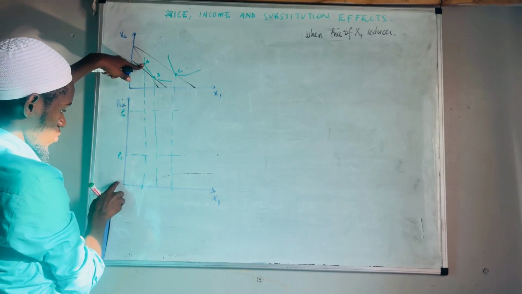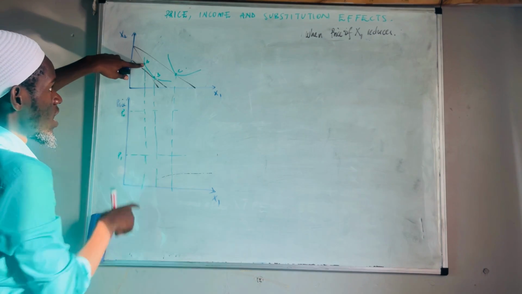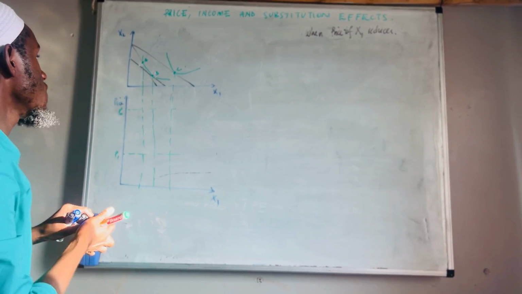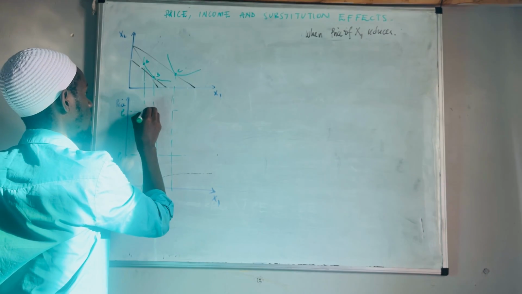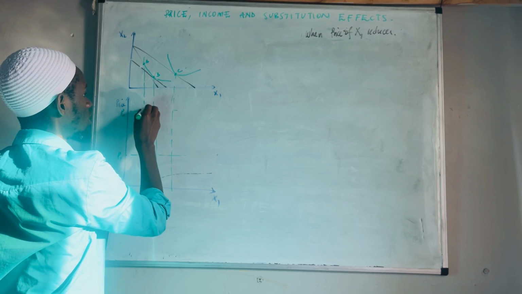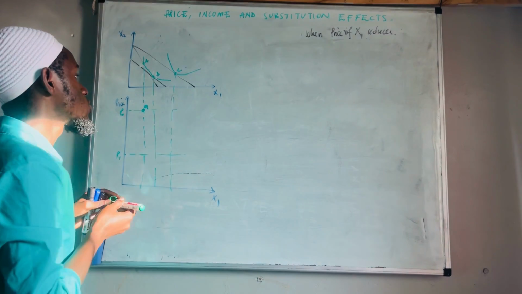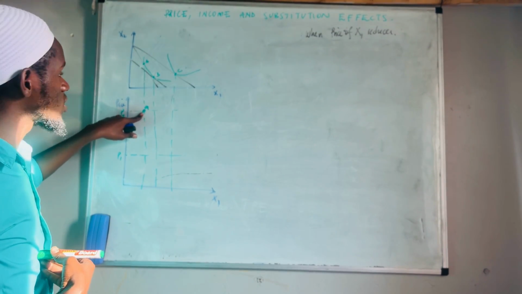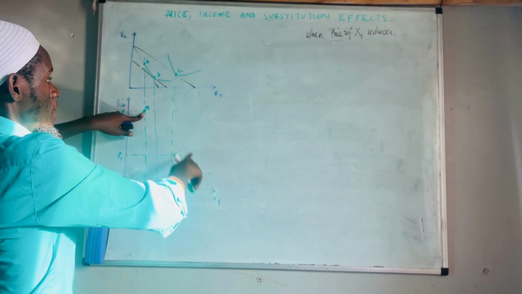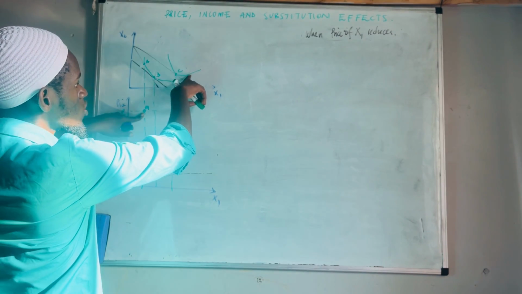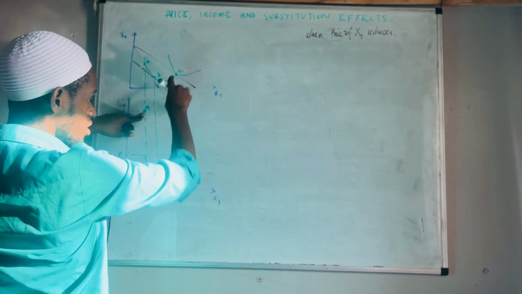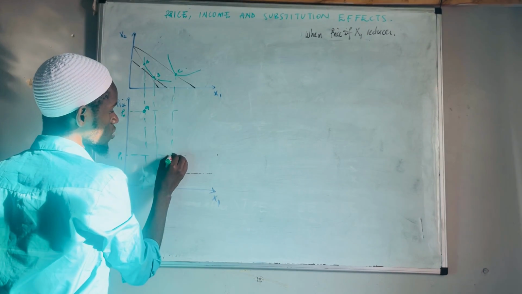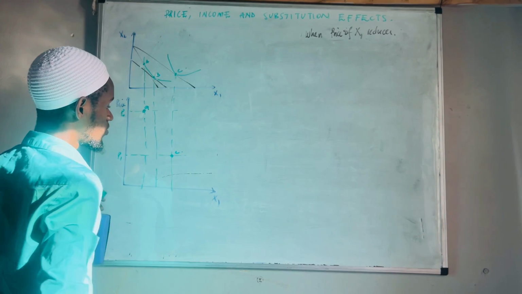Remember at point A here, the price was high. Therefore, I have a point here, which I call point small a. Now, when the price of commodity X reduced, my budget line shifted outwards to point C. Therefore, this point C happens when the price has reduced, quite small c.